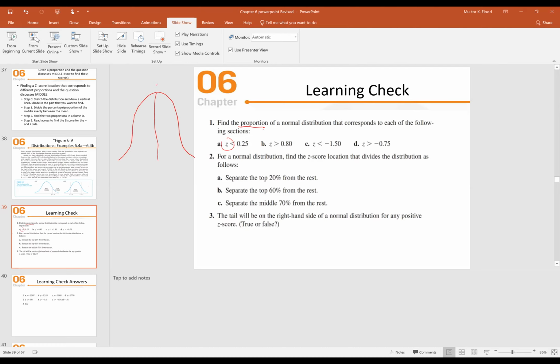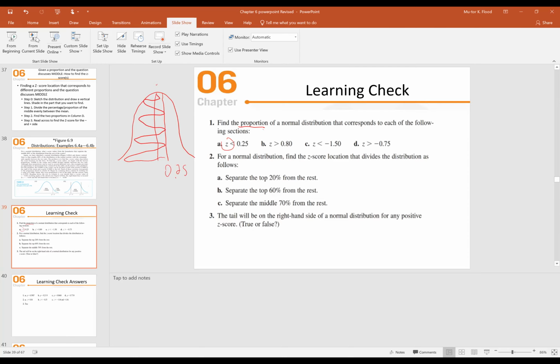Well, a z-score of 0.25 is above the mean, but it's really close to the mean. It's somewhere right over here. And it's asking us, what are the proportion of z-scores that are less than 0.25? So 0.25 is here, and it wants us to find everything that's less than that.